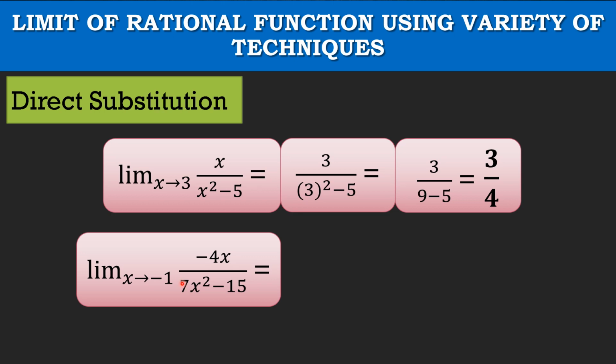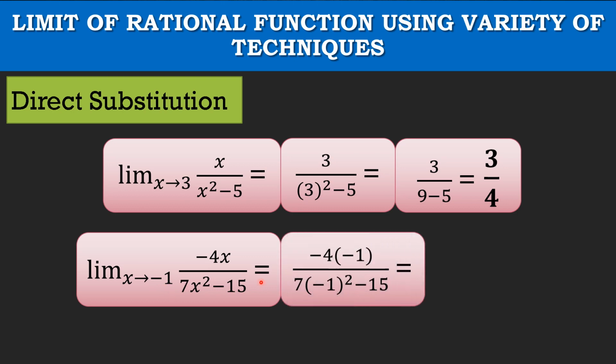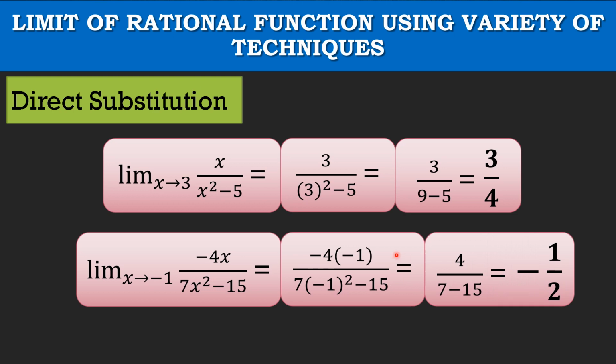Again, yung rule dito is papalitan natin yung value ng x with negative 1 to your function. Okay? So, the function becomes negative 4 times negative 1 over 7 times negative 1 squared minus 15. And then we will simplify. Negative 4 times negative 1 is positive 4.